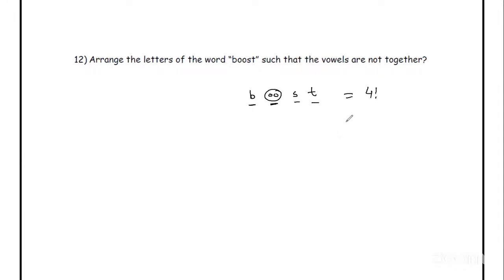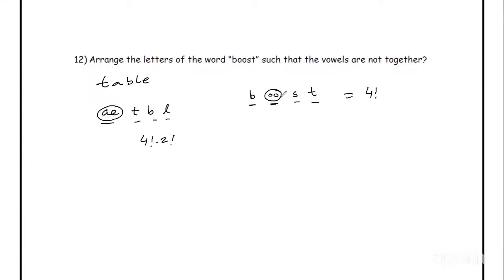Now the question is that the two O's are identical, right? Like in the previous case where we had table and the vowels were to be together, A and E, when we arranged AE as one dash and TBL, we could write it as 4 factorial into 2 factorial because the A and E can be interchanged.